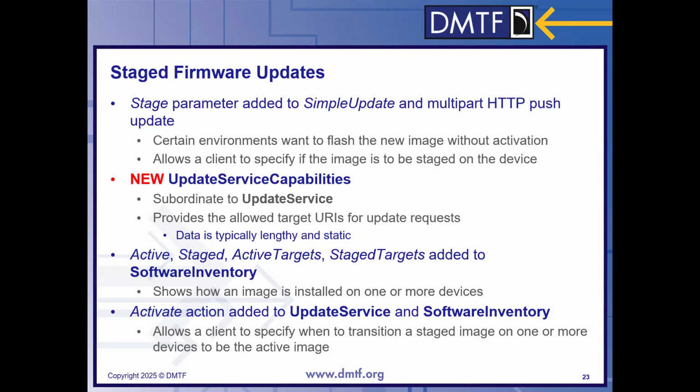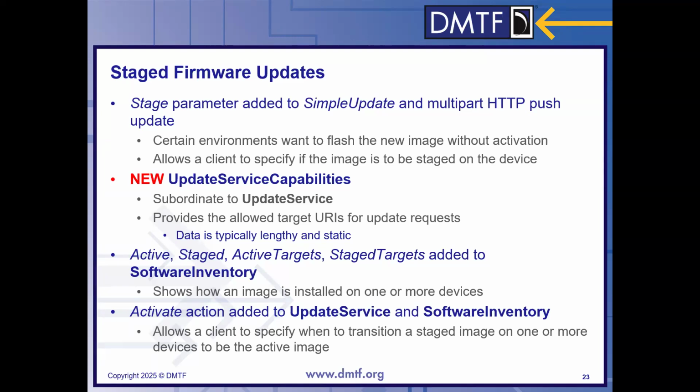We have our new update service capabilities resource, subordinate to update service, which allows target URIs for those update requests. And then in our software inventory, we've added 4 new properties. Active and stage correspond to whether an individual piece of firmware is currently active and running, or whether it's staged, ready to be activated.